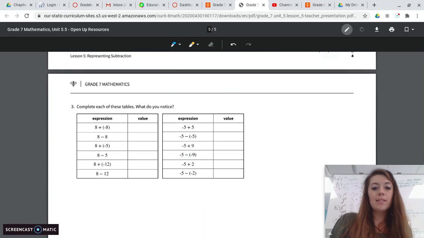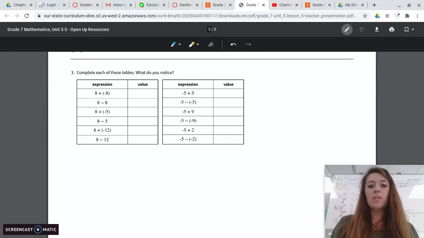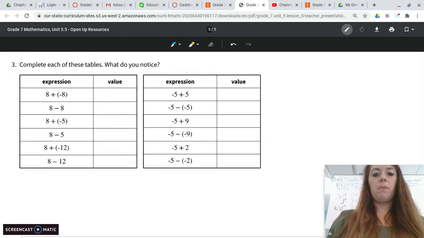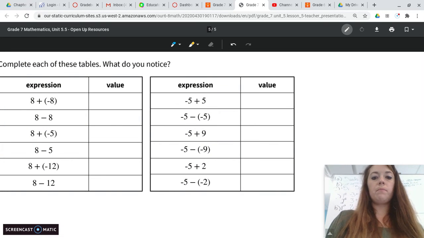All right, in our last little bit, we want to complete each of these tables, and then what do we notice? So I'm going to blow this up nice and big so you can see.